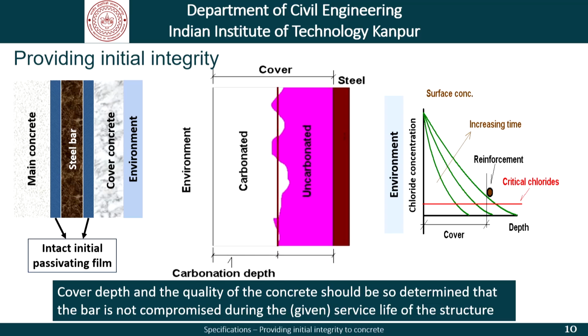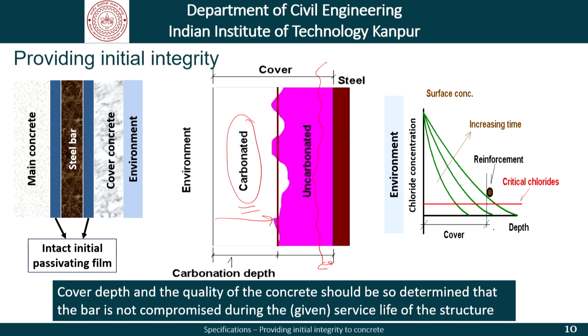This can be represented in a slightly different way, that as time goes on, the carbonated depth continues to increase, and we do not want this carbonation depth to reach very close to the reinforcing bar in the service life.